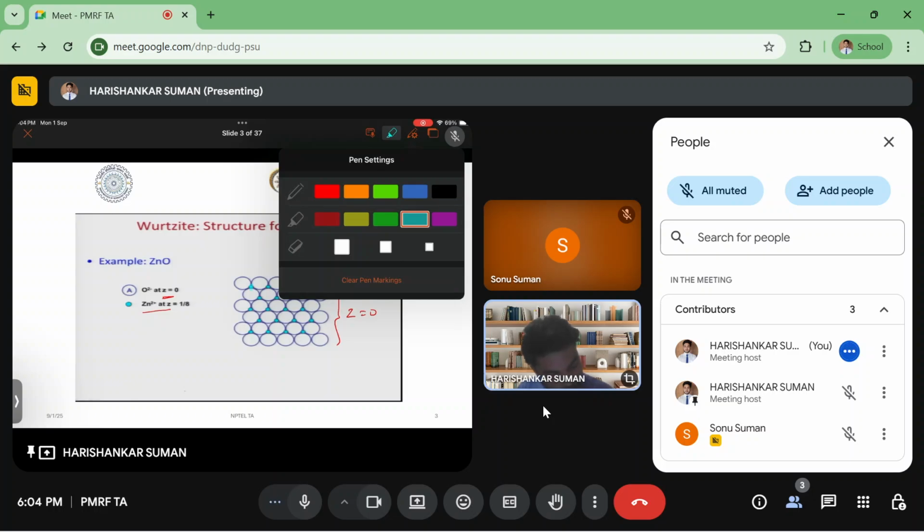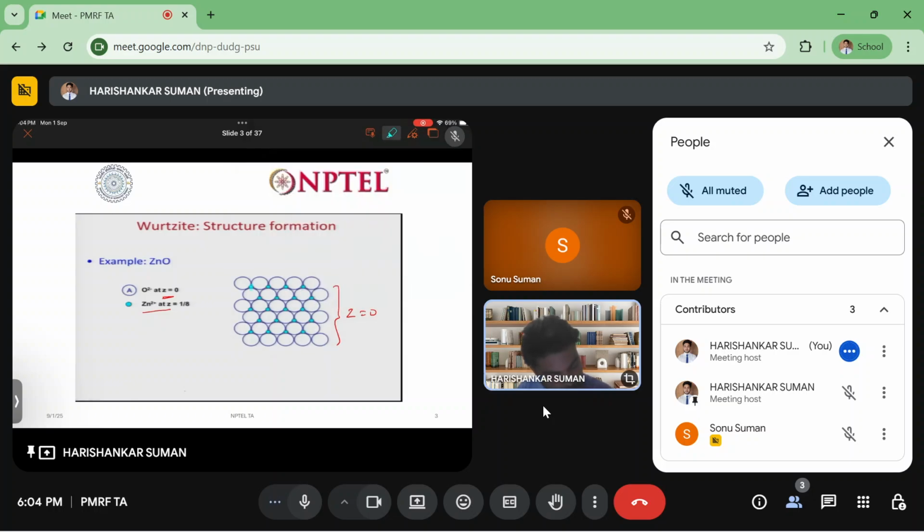Okay, so you can see here the Zn. Here are the positions of the Zn2 plus, which is at Z equal to, this is the height, Z equal to 1/8, sorry.